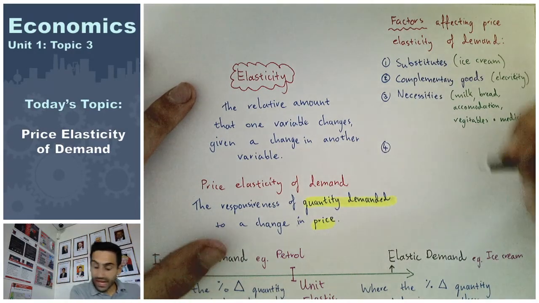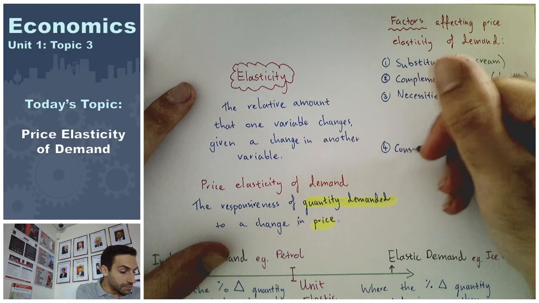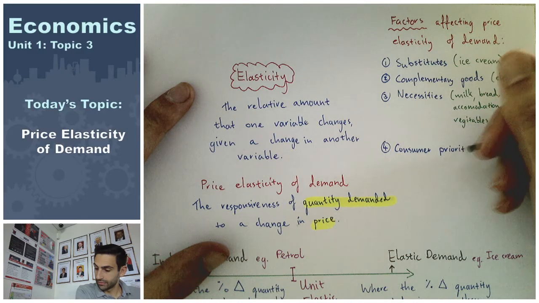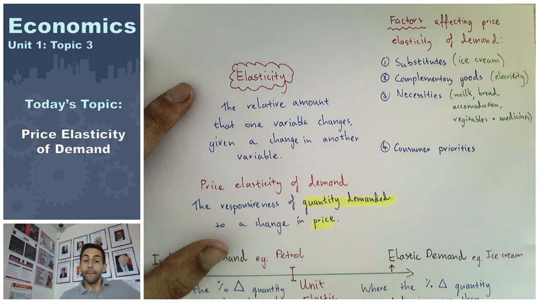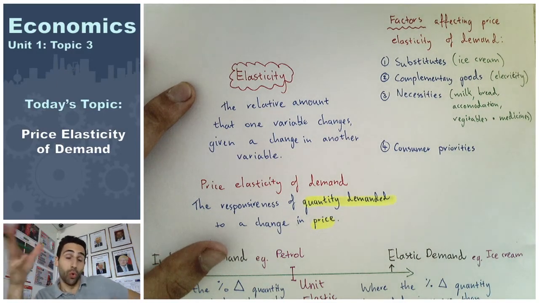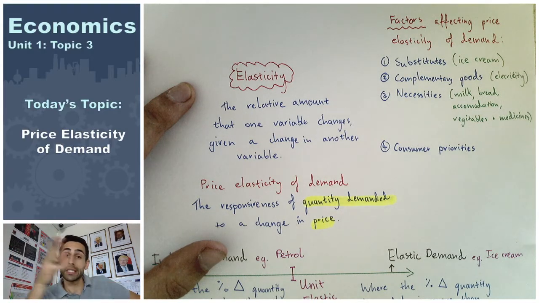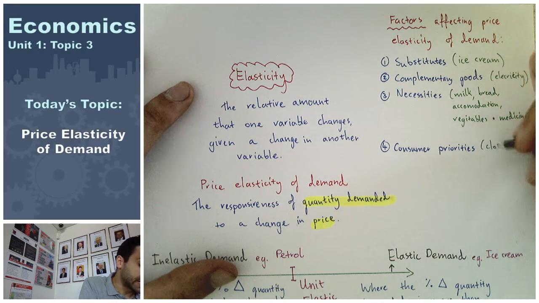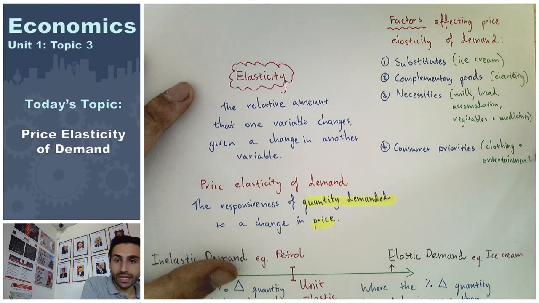Another one could be our consumer priorities. Based on how much importance we place on something will determine how we respond to a change in price. For example, let's take clothing and entertainment.